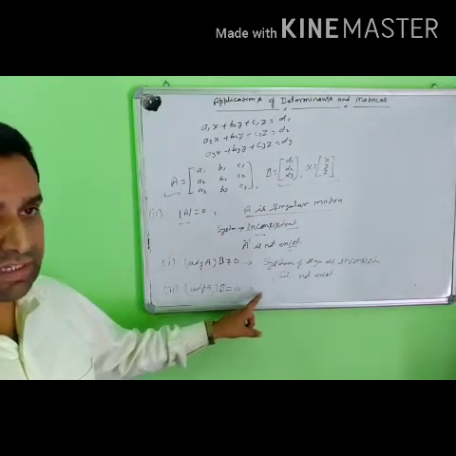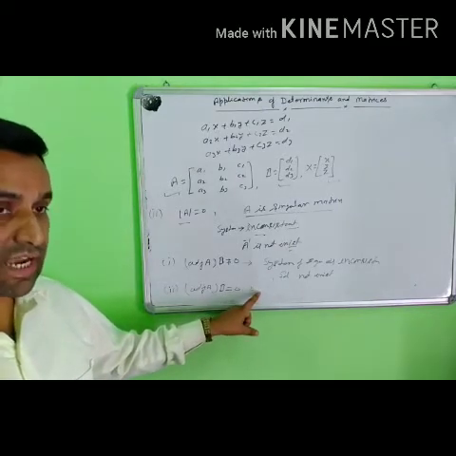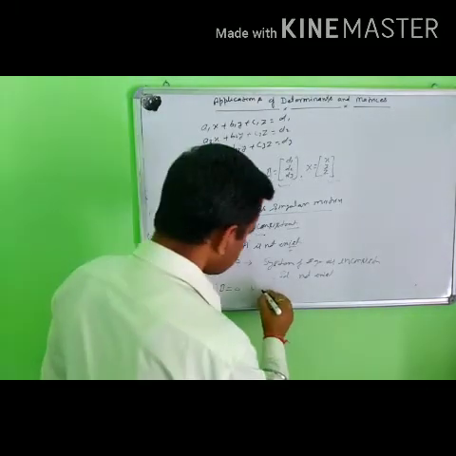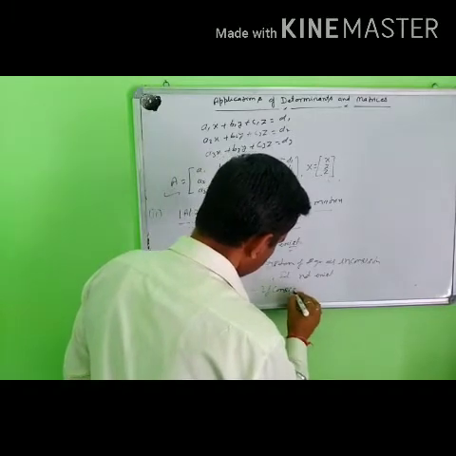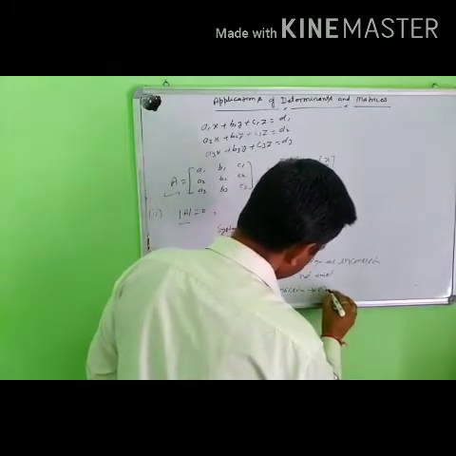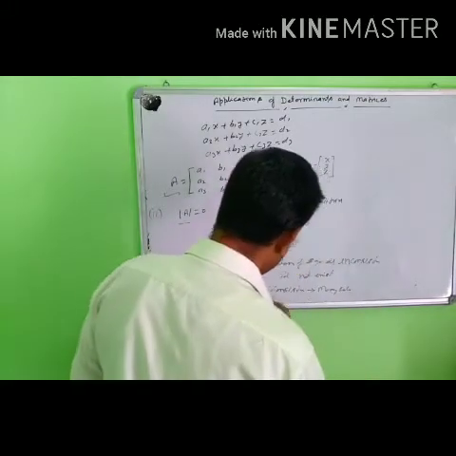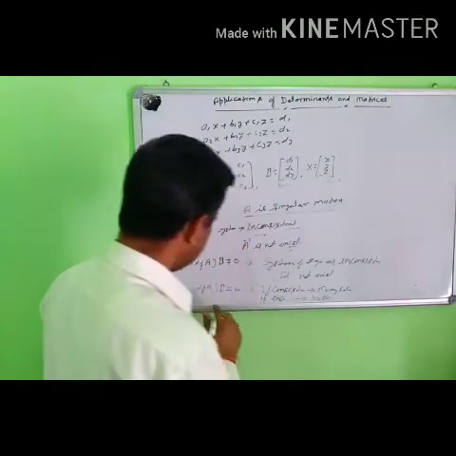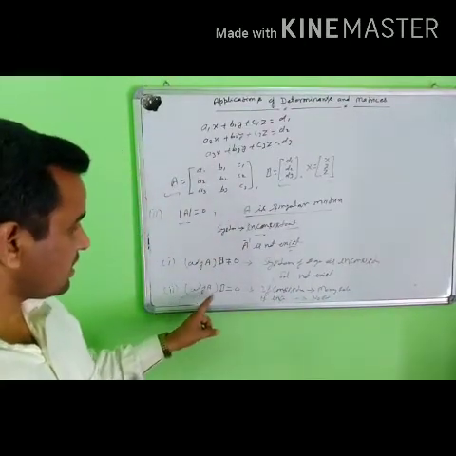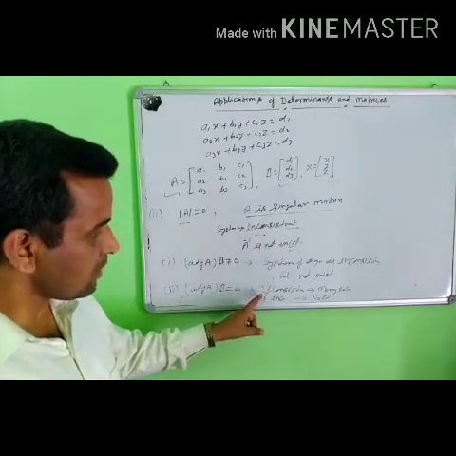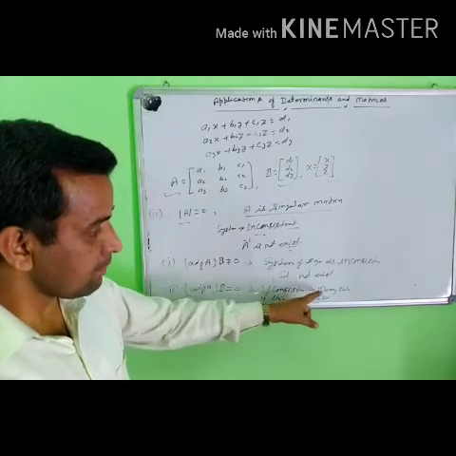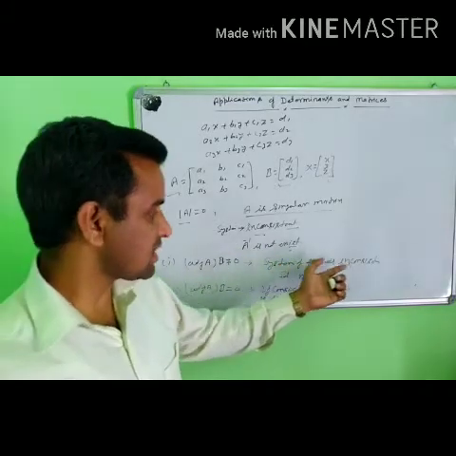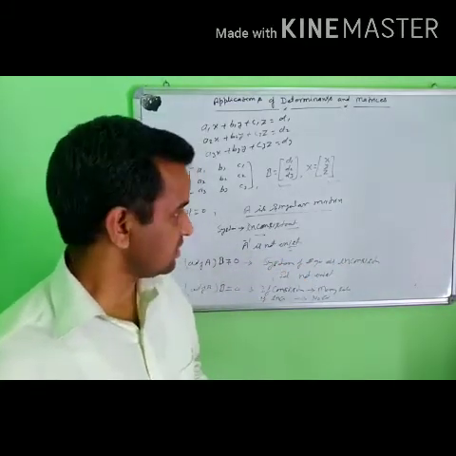If consistent, then many solutions; if inconsistent, then no solution. In this condition, when adjoint A into B equals 0, you will write: consistent, then many solutions, or inconsistent, then no solution. Suppose the first condition holds: inconsistent and the solution does not exist.